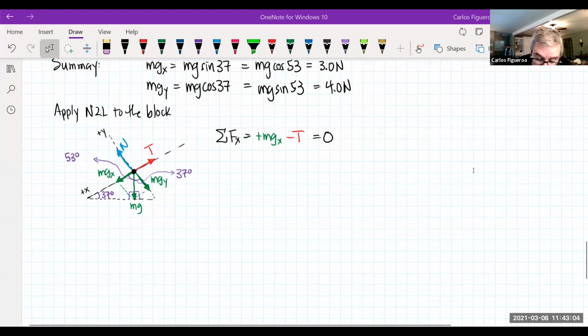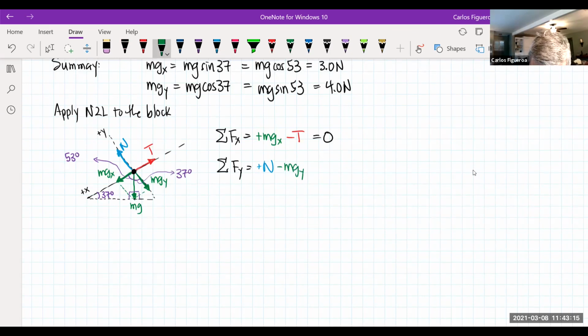And so then if I look in the y direction, I could see here that this is going to be plus the normal minus mgy, and that has to be equal to 0. So now the choice is yours. Depending on how you choose this, we can see here that the tension in this case could either be mgx, which could be, let's say, mg cosine of 53.